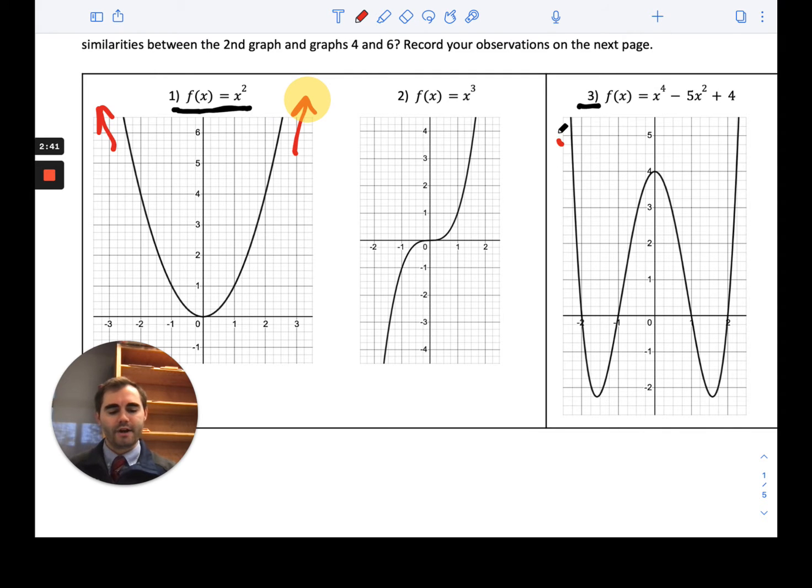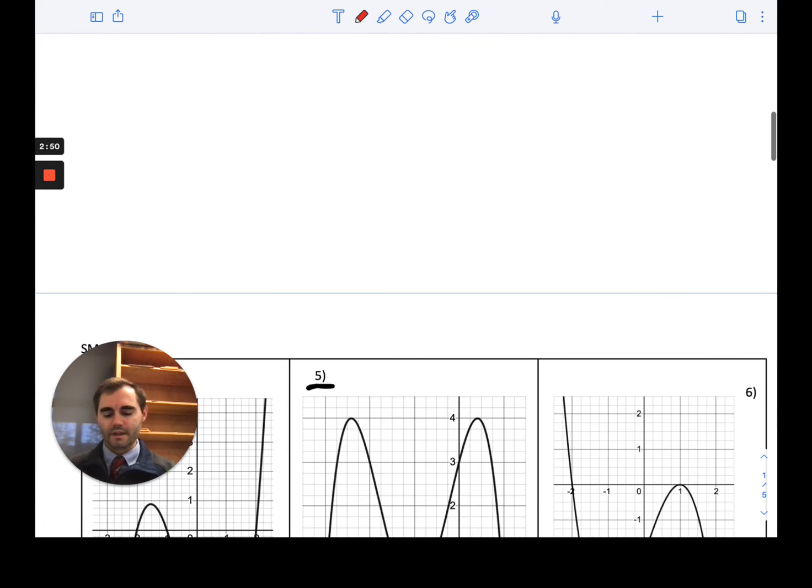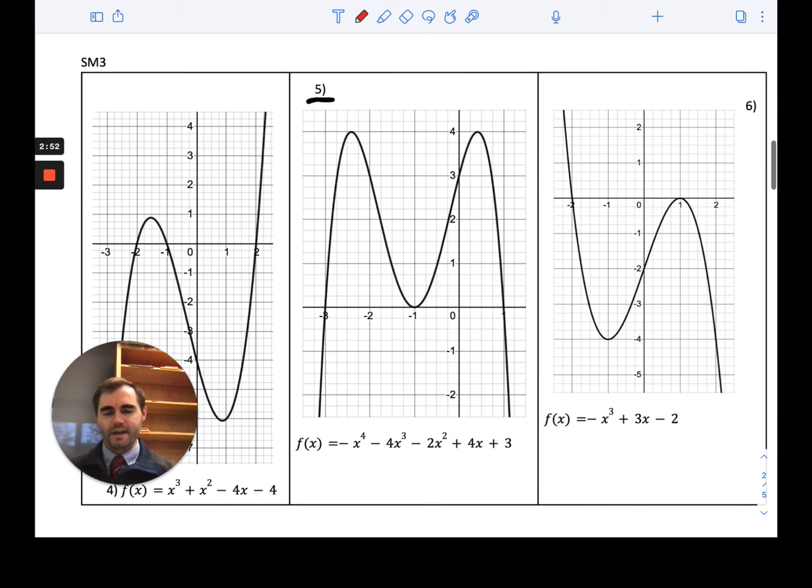If you notice with graph number 3, it's doing the same thing, going up that way. And if we look at graph number 5, it's doing a similar thing, but instead both parts are going down, and they're going to go on forever in that direction.